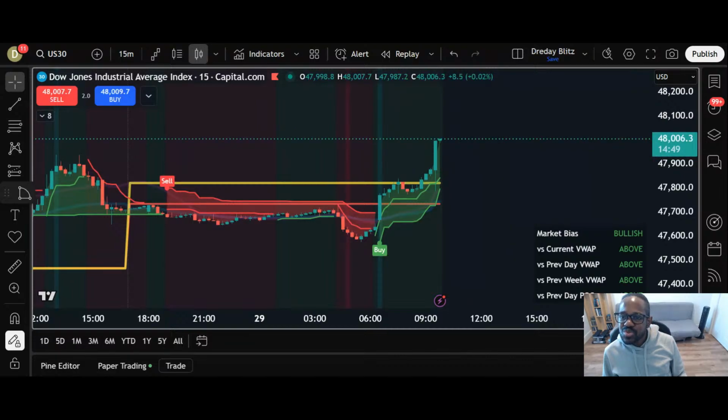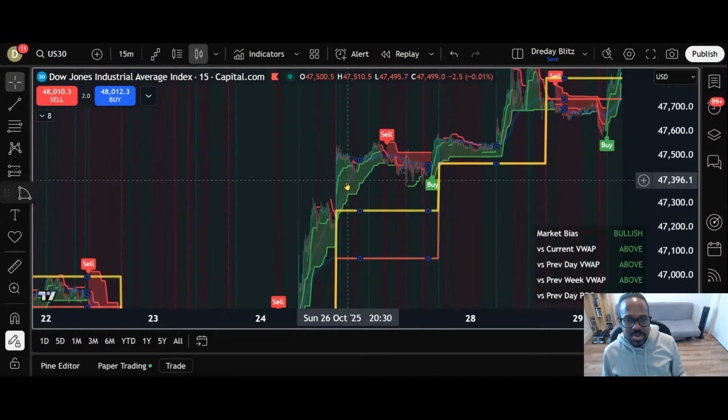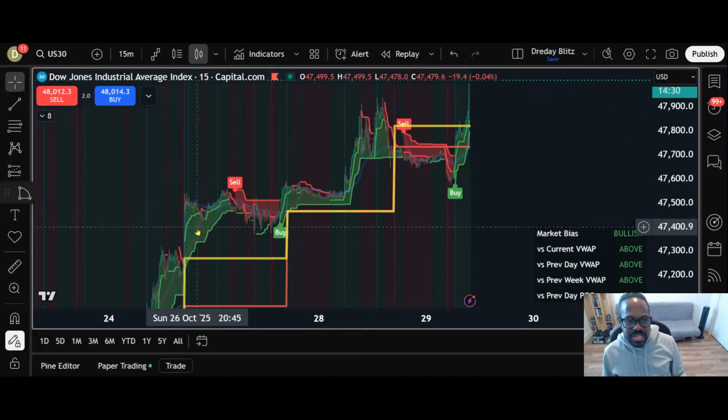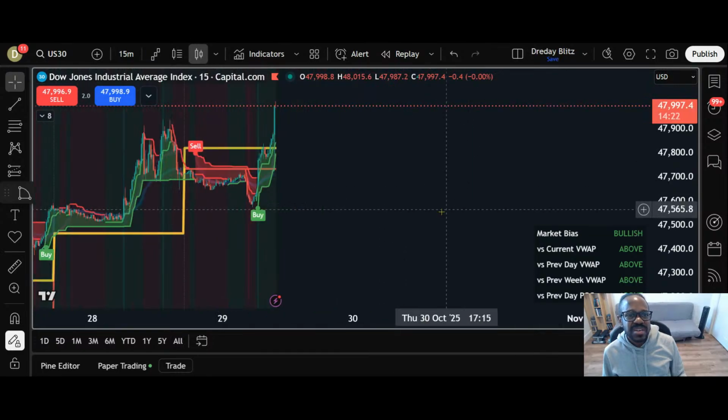So I was expecting to go short here since the start of the week because the market gave us a gap right at this point here. We gapped up at the start of Asian session here on Monday's Asian session, but since then we're still going to the upside.